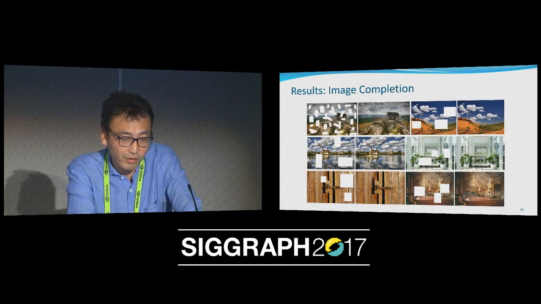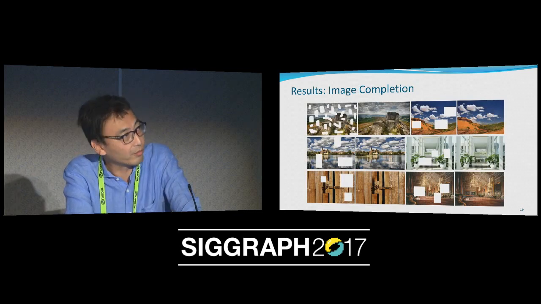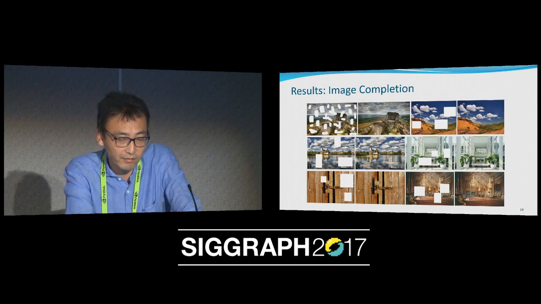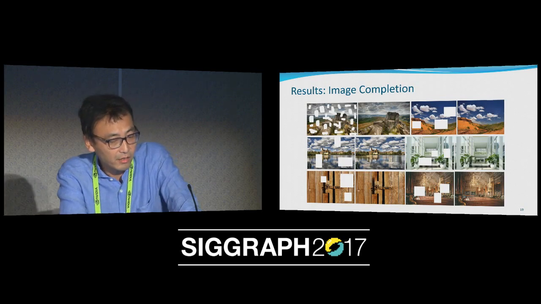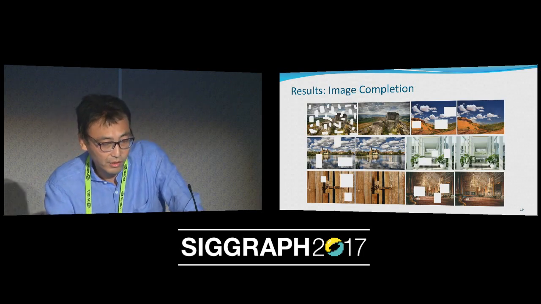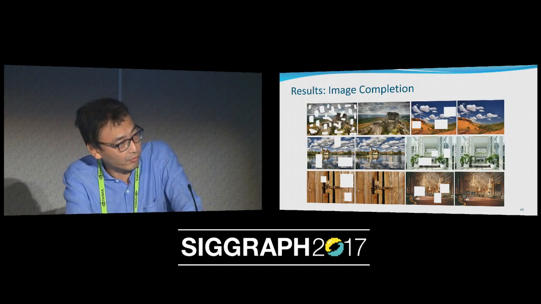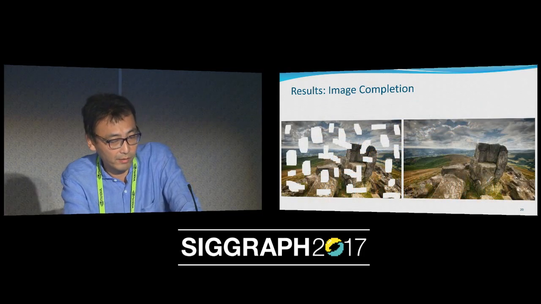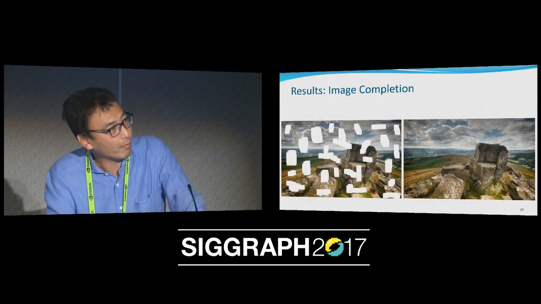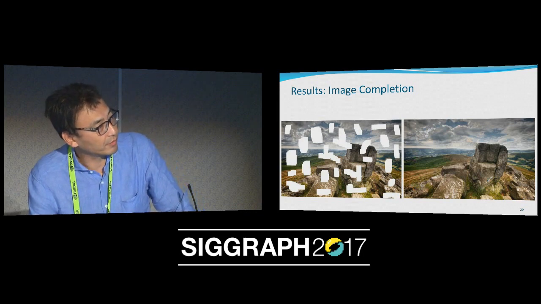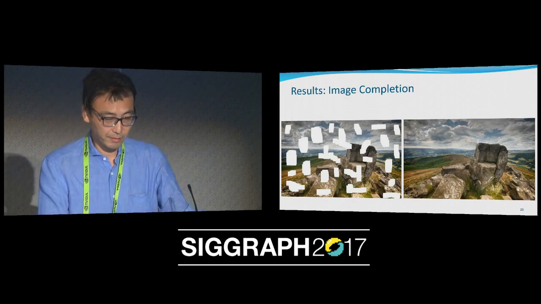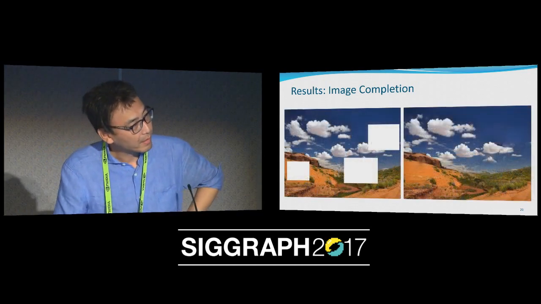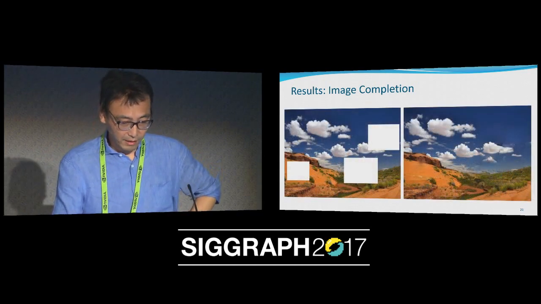Okay, these are the results of image completion. Our approach can complete a wide variety of scenes, such as mountain ranges, close-ups of walls, and interiors of a room. I will show you the close-ups one by one. So this is a mountain range. This is a landscape also.